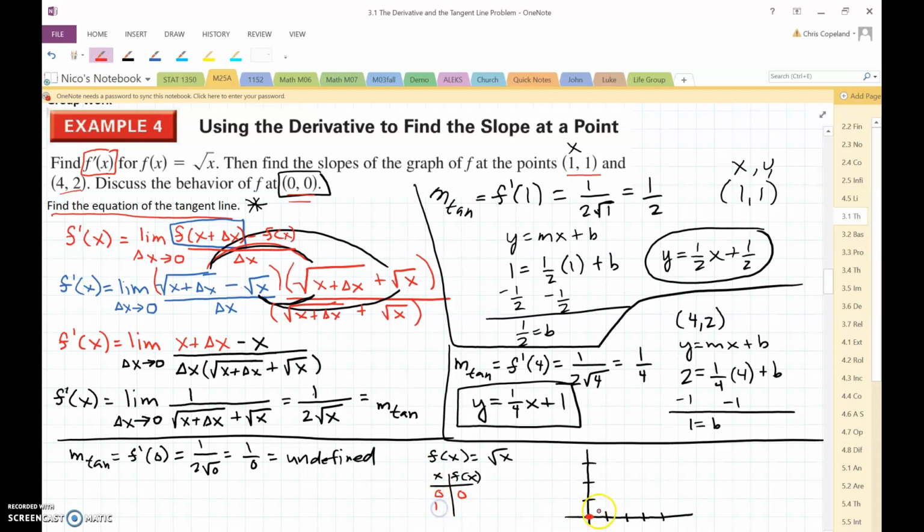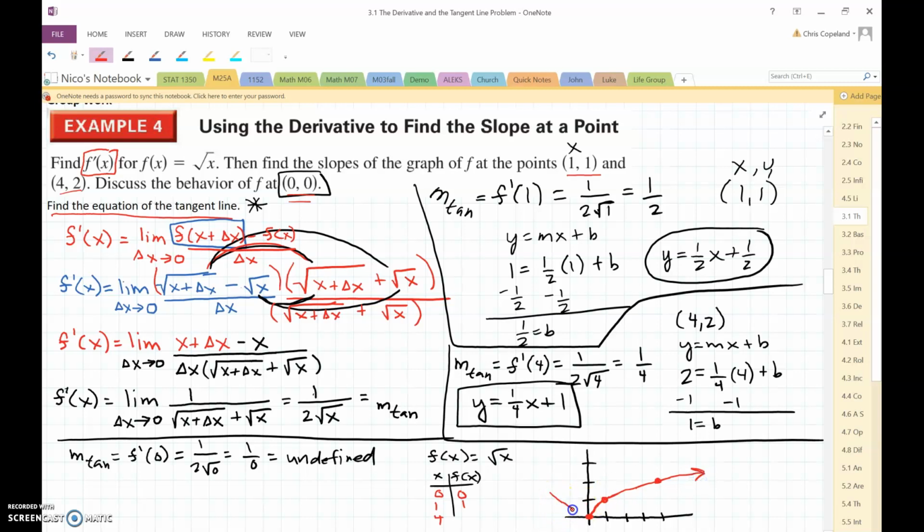When you plug 1 into this function, you get 1. And then if you plug 2, you get the square root of 2, which is some decimal. So I'm going to go to 4 next, because the square root of 4 is 2. So the square root function looks like this.